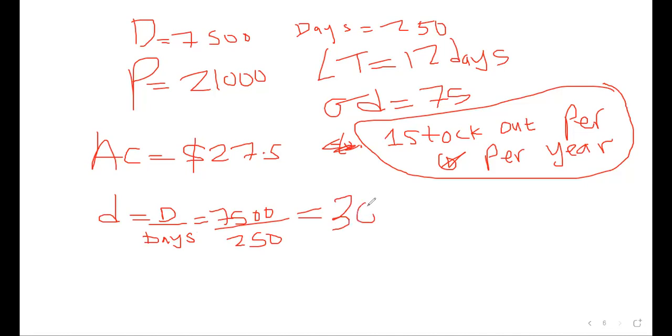Daily production is equal to annual, which is 21,000, divided by 250. So 21,000 divided by 250 is 84 units.